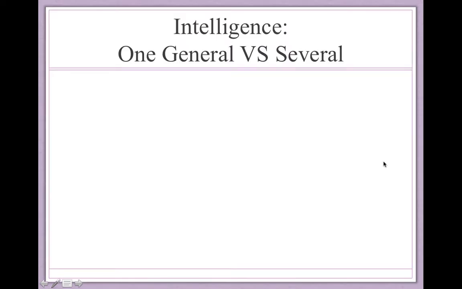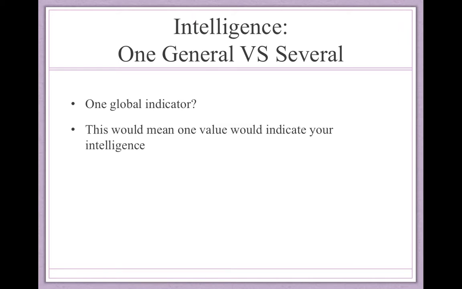So general intelligence means, is there one global indicator of what intelligence is? Can intelligence be boiled down to one thing? And this would mean that one value, a single value, would indicate your intelligence.